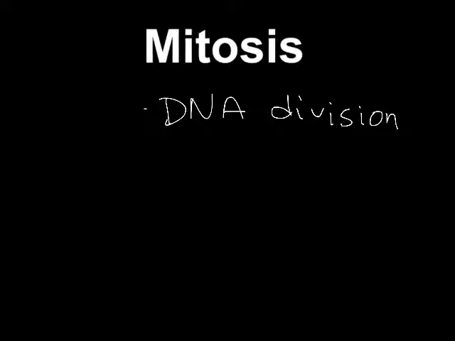What I mean by DNA division is that we're going to split the DNA so that both of the new cells are going to have the DNA. At the end of mitosis, a process called cytokinesis occurs. Cytokinesis is where the cell actually splits into two separate cells. And at that point, the whole entire cell cycle would begin again.